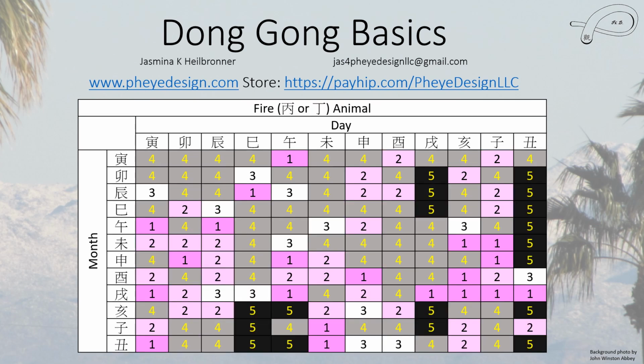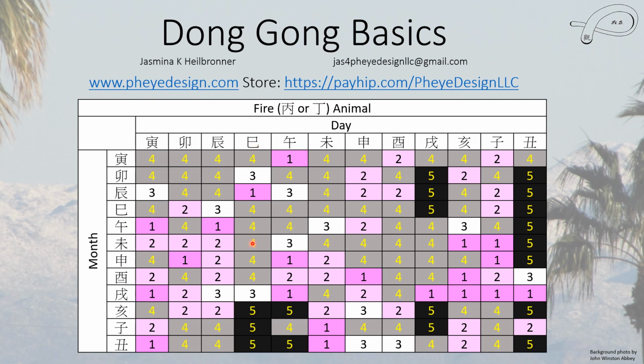So this is for the fire, either the Bing fire or Ding fire animal. And you can see that there are some days that really there's only one good, like for the snake here, it only has one good day, a couple of neutral days, and the rest are negative. It isn't too bad though.